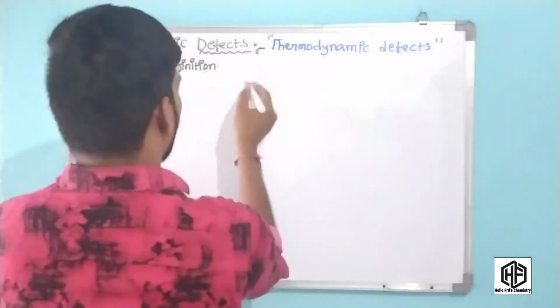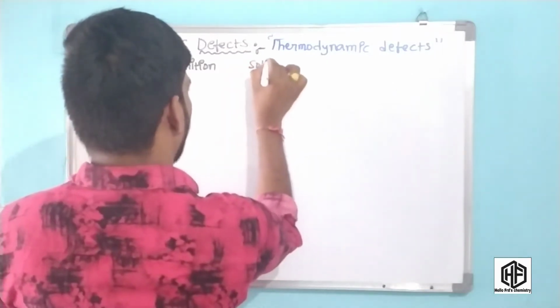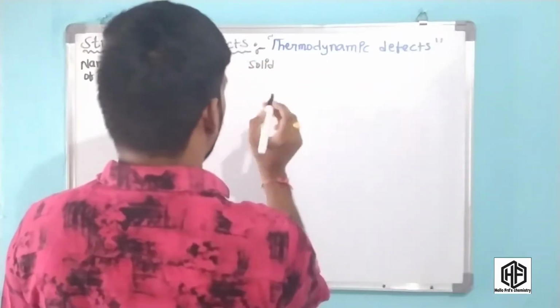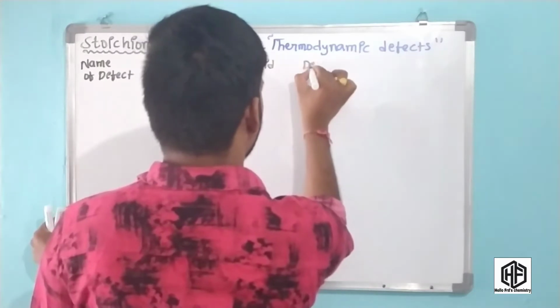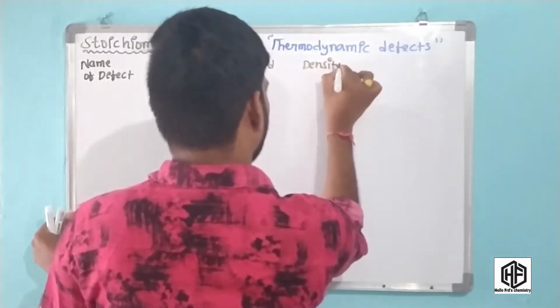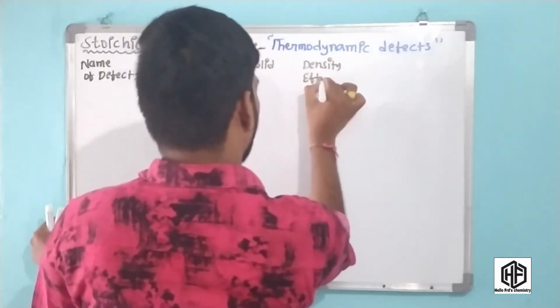Next is what type of solid shows this kind of defect, and the fourth column is the density effect.